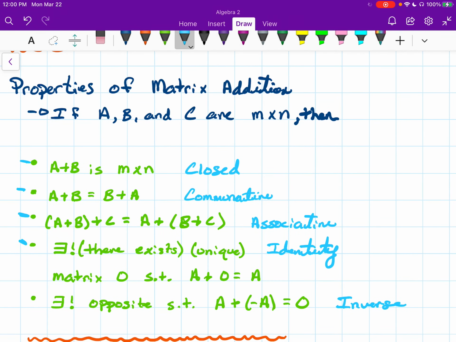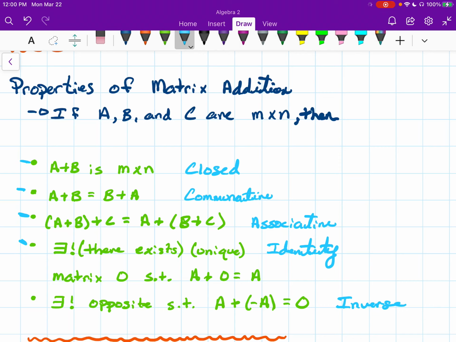Next up, there exists a unique. The backwards E means there exists, and the exclamation point means a unique. Those are kind of like math lingo. There exists a unique matrix 0 such that A plus 0 equals A, and we already talked about that being the additive identity.